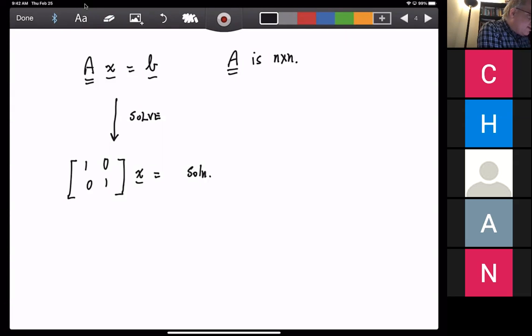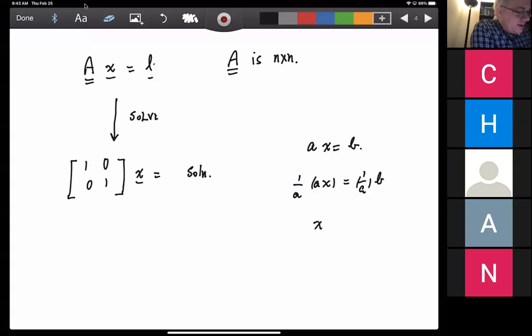And we can think of what we're doing by going back to the scalar example, AX is equal to B. Well, we want to solve for X. We could do that by multiplying on each side by 1 over A. A over A is equal to 1, so X is equal to B over A. Well, that's fine in the scalar case.